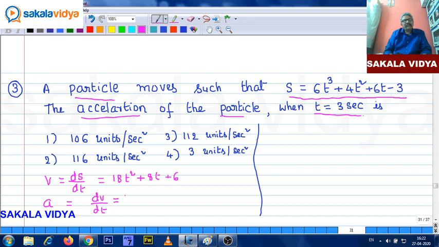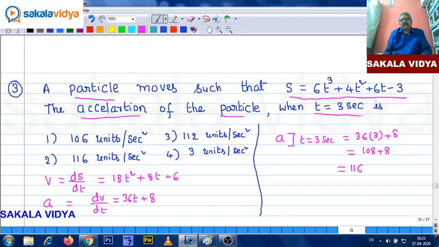So, we have 36t plus 8. Now, acceleration at t is equal to 3 seconds: 36 into 3 plus 8. 36 into 3 is 108 plus 8, 116.